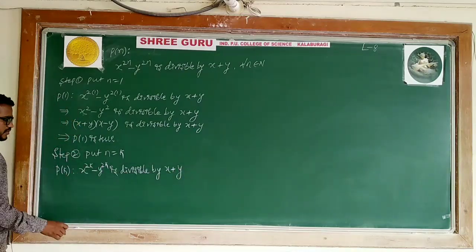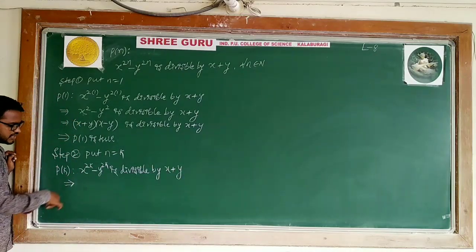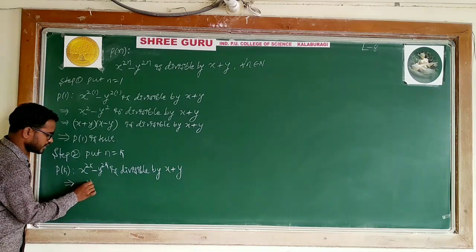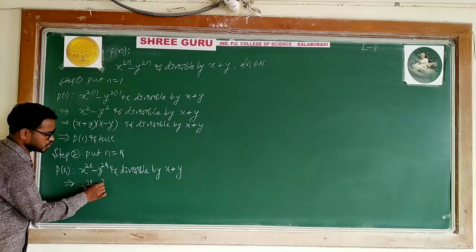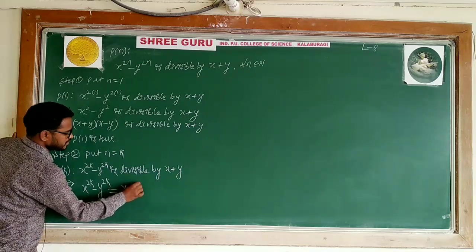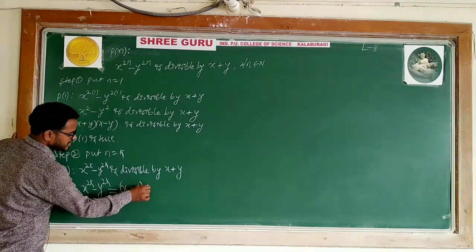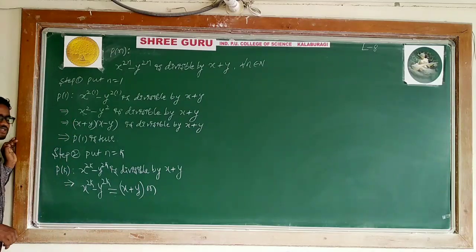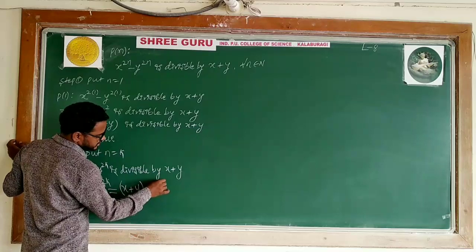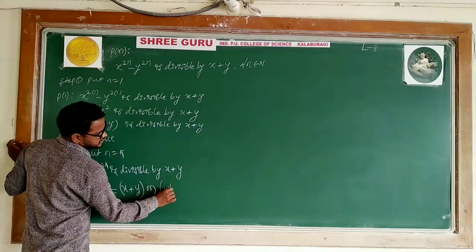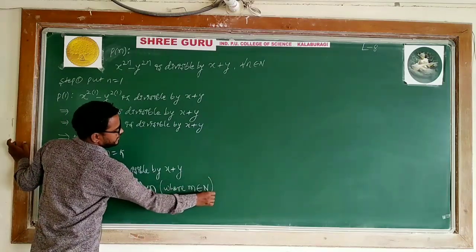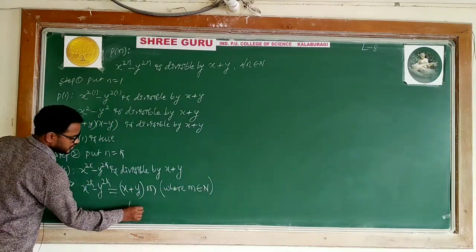Mathematically, I can write x to the power 2k minus y to the power 2k is equal to x plus y into m, where m may be any natural number, m belongs to capital N. Call it equation 1.